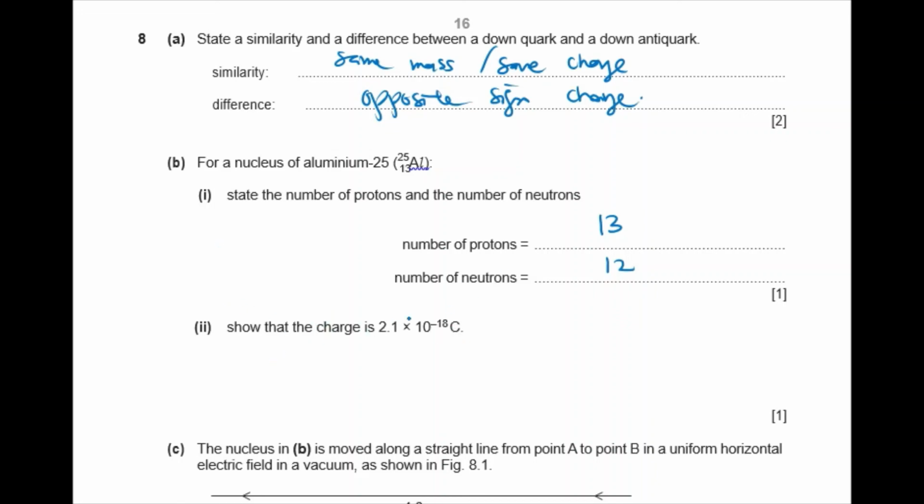So charge 13 times 1.6 times 10 power negative 19 equals 2.08 times 10 power negative 18 coulomb, which is 2.1 times 10 power negative 18 coulomb.